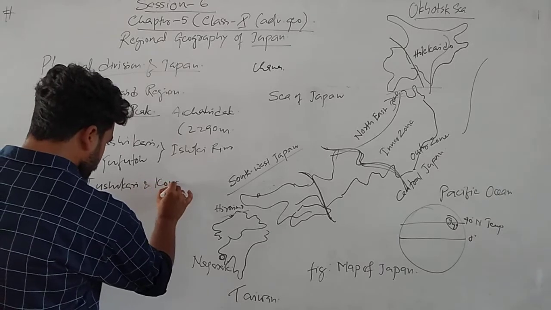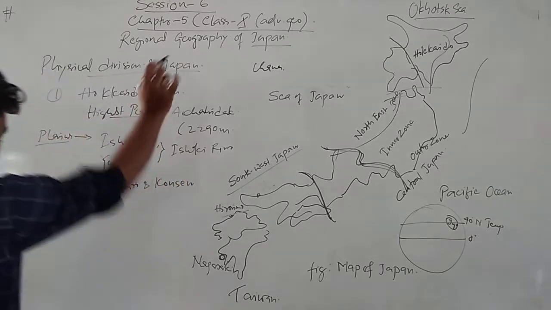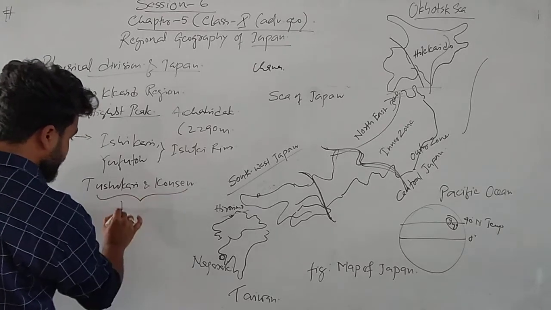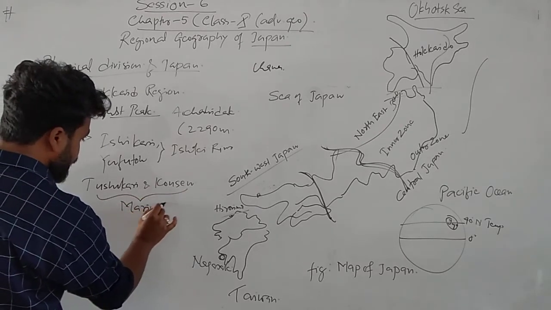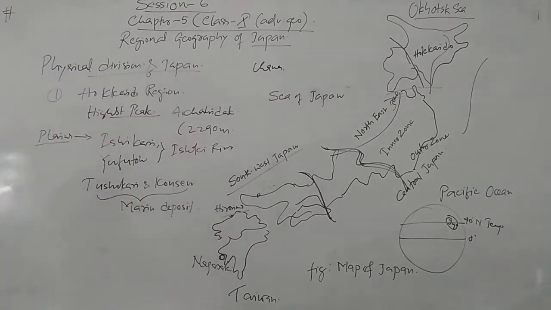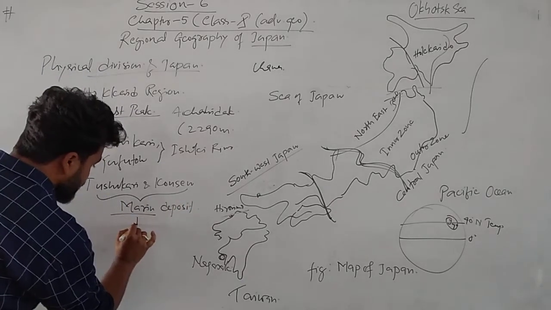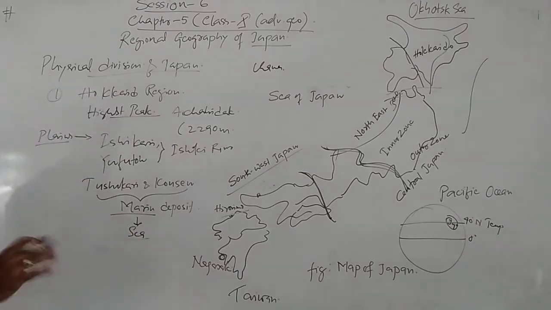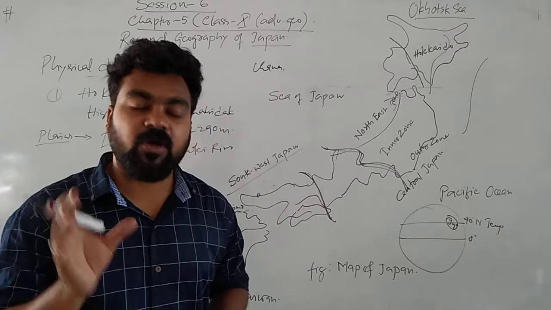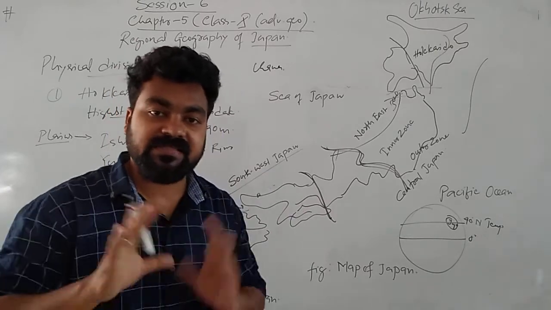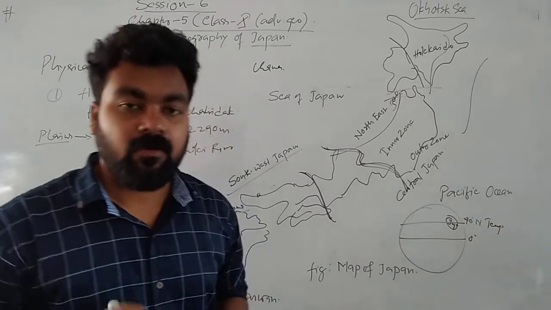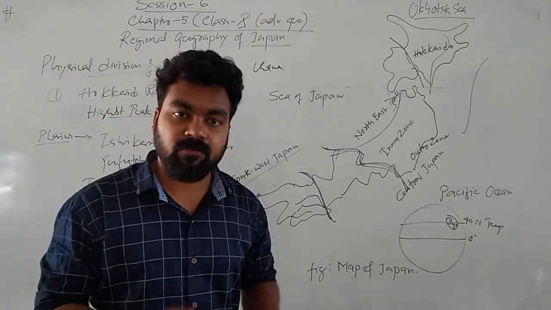And Konsen. For these two plains, there is no river; they are actually marine deposits. What is a marine deposit? The word marine is directly related to the sea or any larger water body. If sea water, through wave action, deposits sediments, rocks, pebbles or other materials on the side or bank of the sea, then it may form a plain.